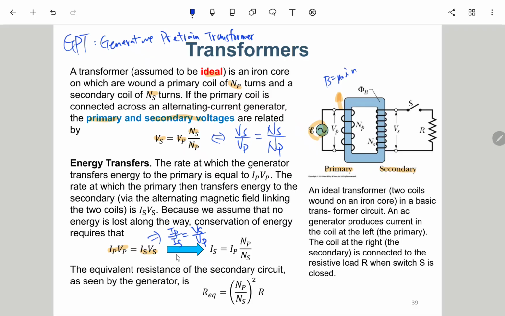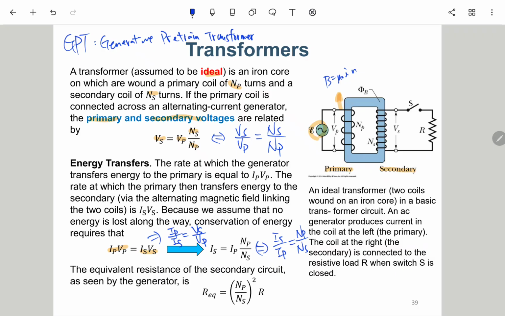So the current is inversely proportional to the voltage, and the voltage is proportional to the number of turns. If you plug this in, we have IS over IP will be NP over NS, which means that the current will be inversely proportional to the number of turns. If more turns, the current will be smaller.